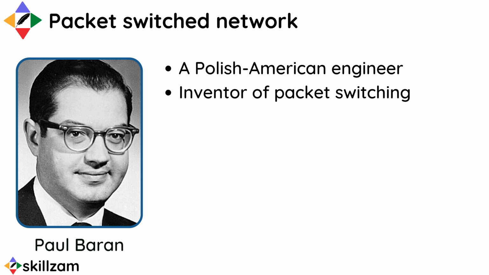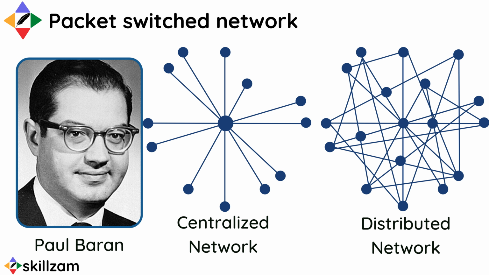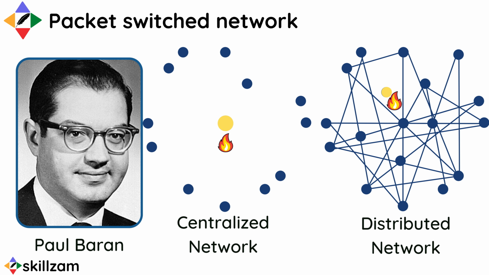Paul Baran, a Polish-American engineer, was a pioneer in the development of packet-switched computer networks. He was one of the two independent inventors of packet switching. After joining the RAND Corporation in 1959, Paul Baran took on the task of designing a survivable communication system that could maintain communication between the endpoints in the face of damage from nuclear weapons during the Cold War.